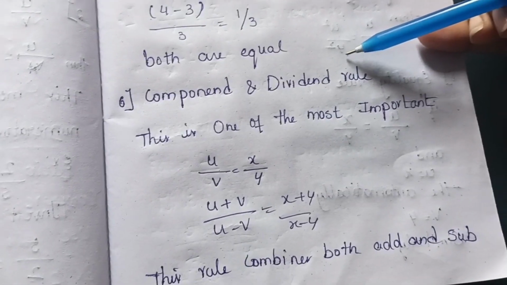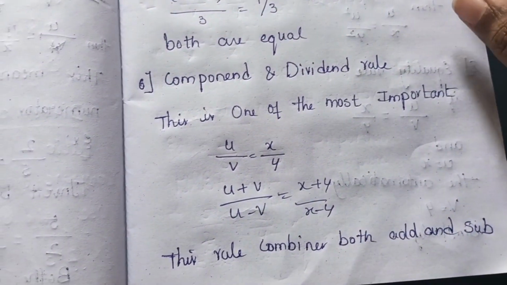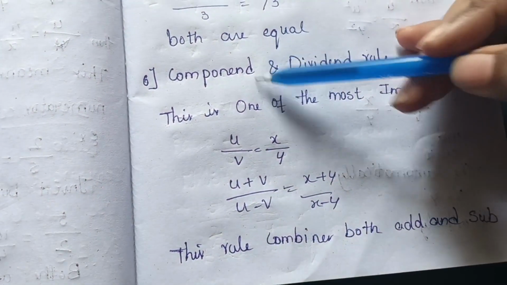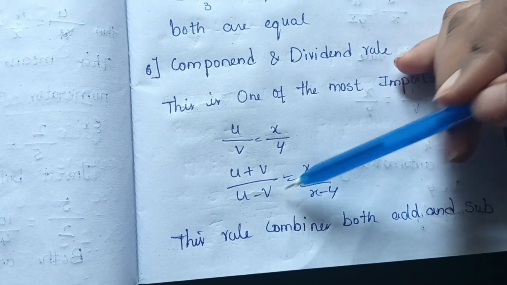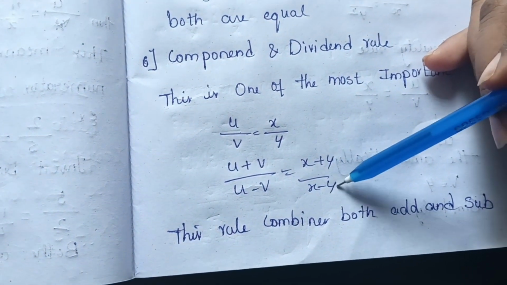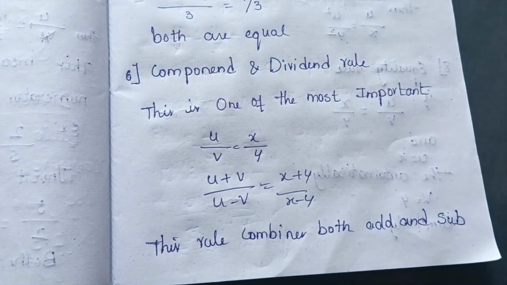So the next trick is the componendo and dividendo rule. This is one of the most important rules in competitive exams. If u by v is equal to x by y, then u plus v by u minus v is equal to x plus y by x minus y. This rule combines both addition and subtraction. Take one example. Suppose 3 by 2 is equal to 6 by 4.